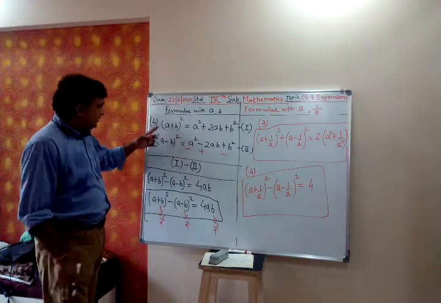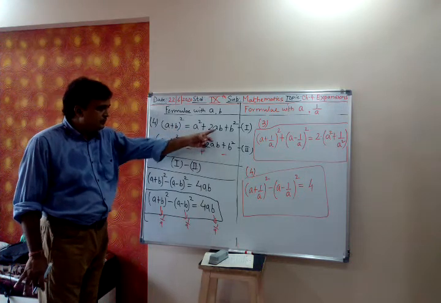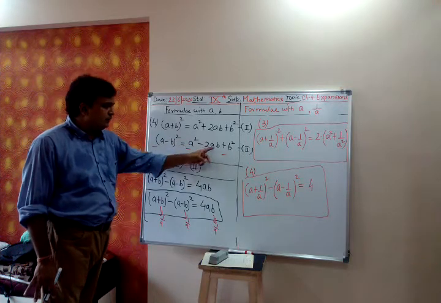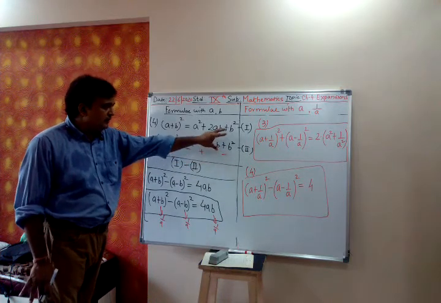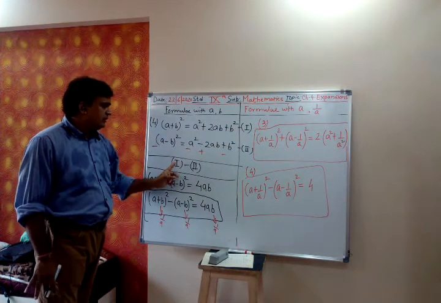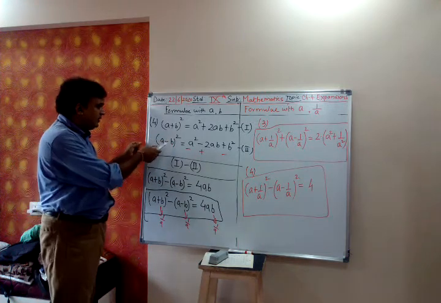Okay, fourth one. A plus b whole square is a square plus 2ab plus b square, a minus b whole square is a square minus 2ab plus b square. Now I am subtracting equation 1 and 2. So equation 1 minus 2, when we subtract the equation, we change the sign of the second equation.